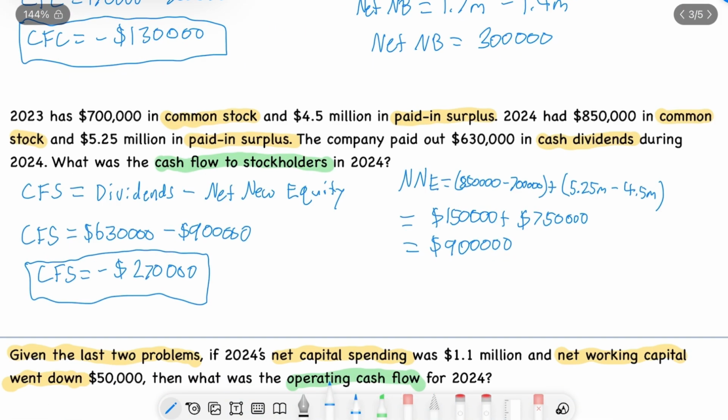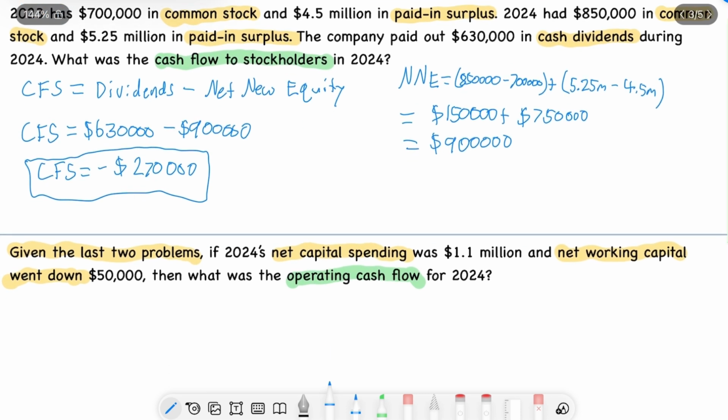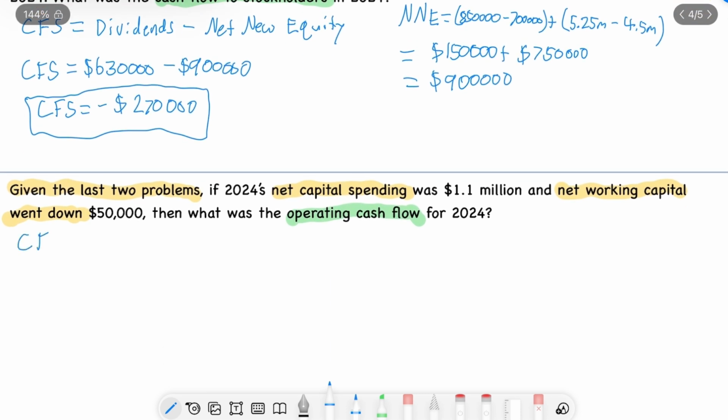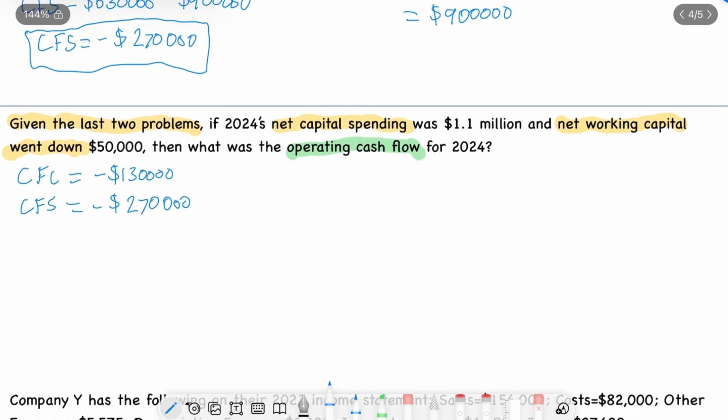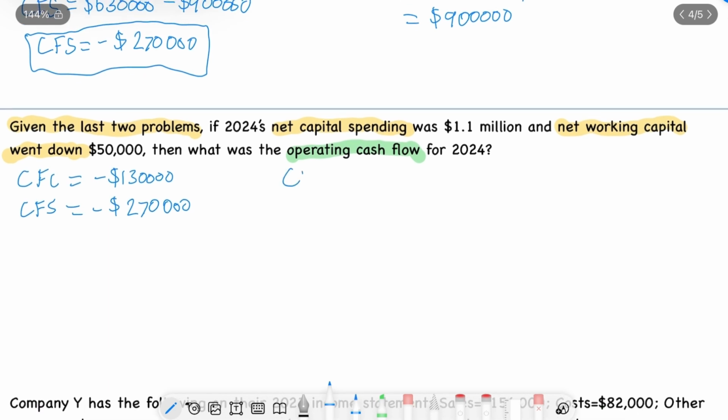We have a cash flow to creditors of negative $130,000, and a cash flow to stockholders of negative $270,000. What we want to find is our cash flow from assets, which is going to be our cash flow to creditors plus our cash flow to stockholders.